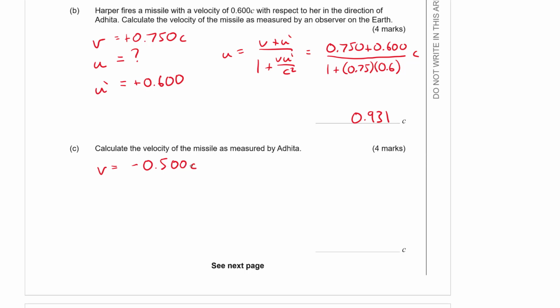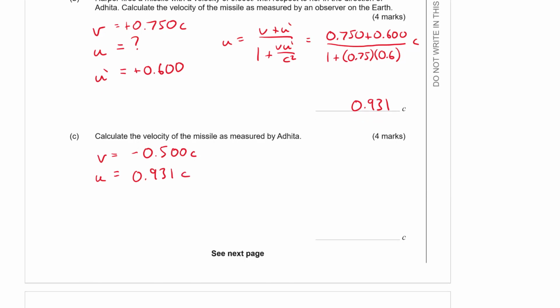And that 0.500 c is relative to an Earth observer, and we know the missile speed according to an Earth observer now, because we worked out what that was in part B. So 0.931 c. Again, it's going left, so it's positive, and we want to know what it is according to Atar.